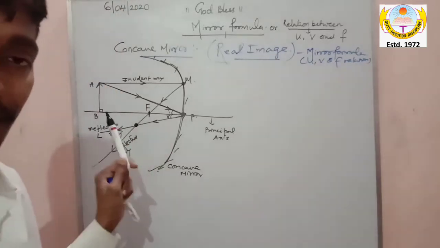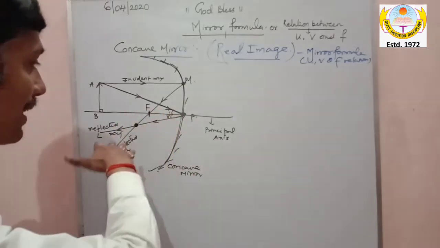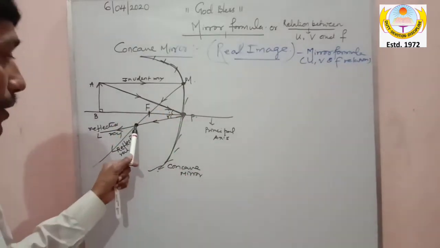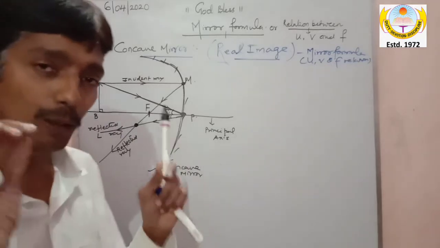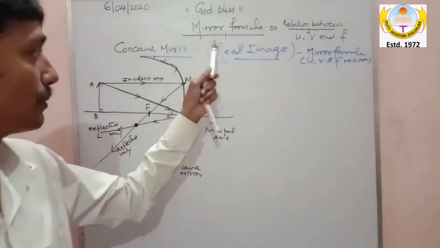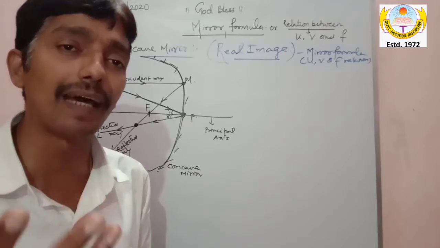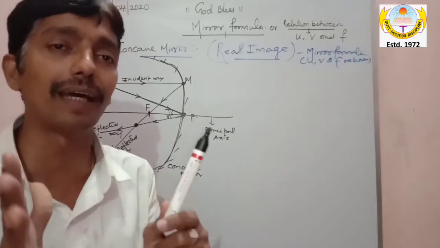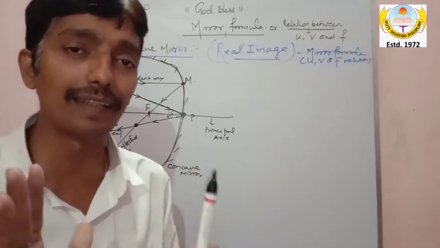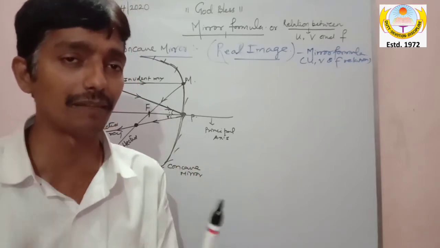Okay, fine. So you all know that two rays are enough to get an image, and I am getting the image. But the situation is that, my dear, to prove this mirror formula, we are using the triangle similarity method. Please listen to me carefully.